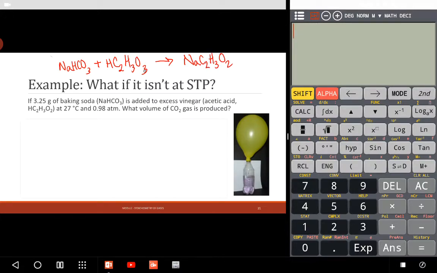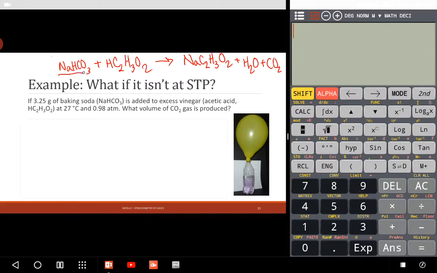Write a 3 there, that's a 2. And then we're going to form water and carbon dioxide gas as products. All the coefficients here are 1. So we can go ahead and get started.